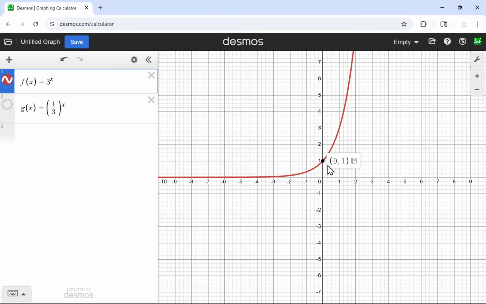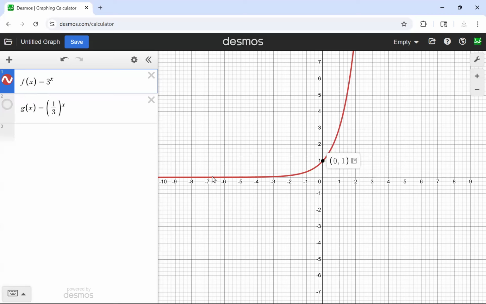Also notice that it goes through the point 0, 1. That's because when you plug in 0, you get a 1. And it goes through the point 1, 3. That's because when you plug in a 1, you get a 3. By the way, if you plugged in a -1, you would get a 1/3 as the output. In decimal version, that's 0.333.